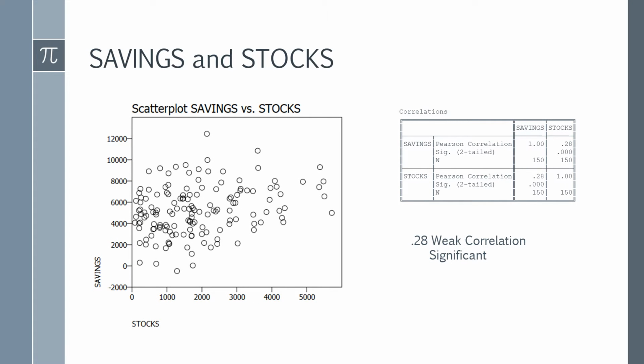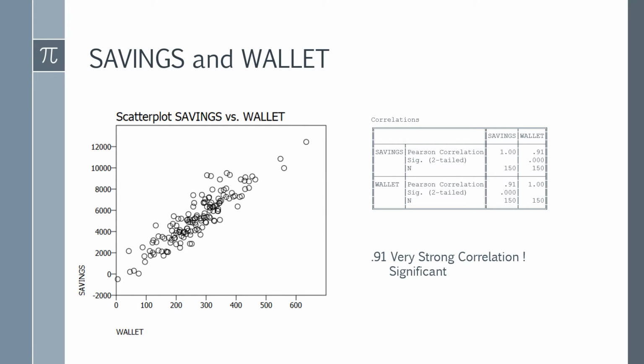When we compare savings and stocks variables in the software PSPP, we found a 0.28 weak correlation, but still a significant correlation. When we analyze the variables savings and wallet, we found a 0.91 very strong correlation.